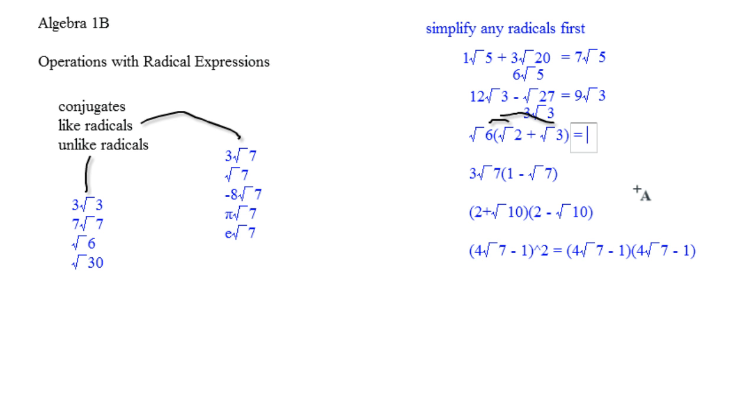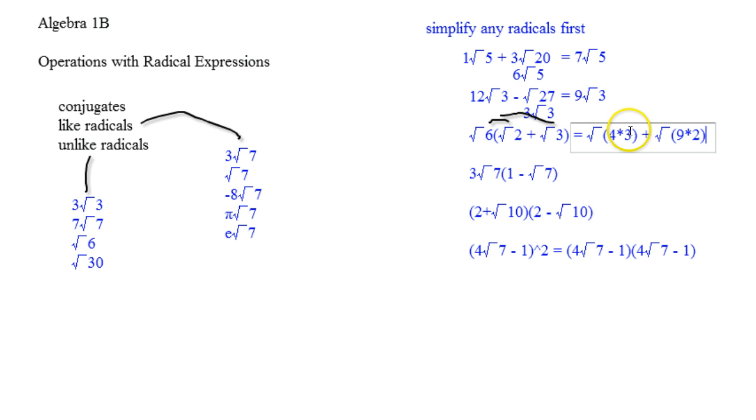So this is going to become the square root of 12 plus the square root of 18. Now if you recognize that you can simplify these, this is going to turn into 4 times 3 square rooted, and 18 is going to become 9 times 2.